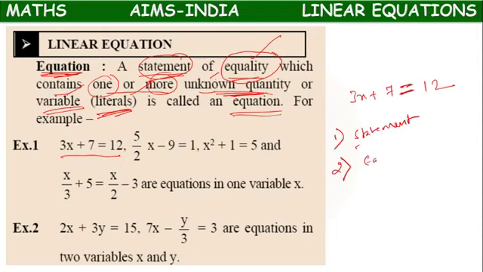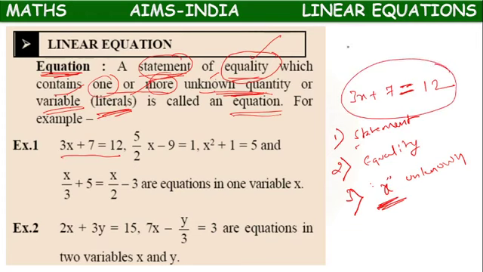Second, it has an equal sign, so it is an equality. And it has one unknown quantity, which is x, meaning it has a variable x. So the given statement can be called an equation.